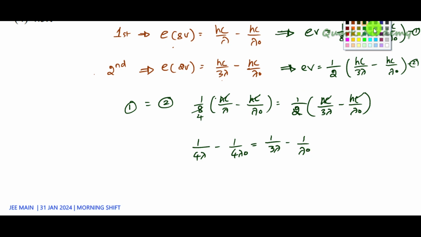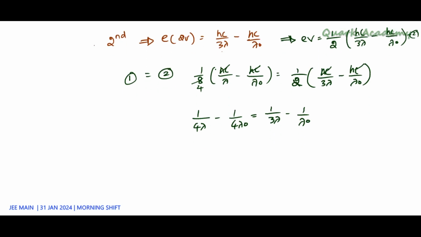Let's bring the lambda 0 terms to one side and the lambda terms to another side. We will get 1 by lambda 0 minus 1 by 4 lambda 0 equal to 1 by 3 lambda minus 1 by 4 lambda, and this is going to be 3 by 4 lambda 0 equal to, I think this is 1 by 12 lambda.